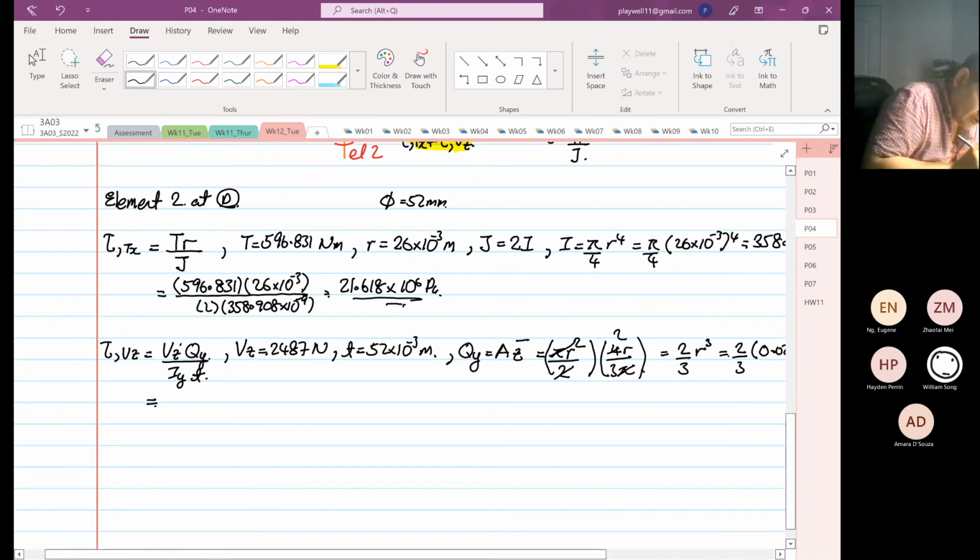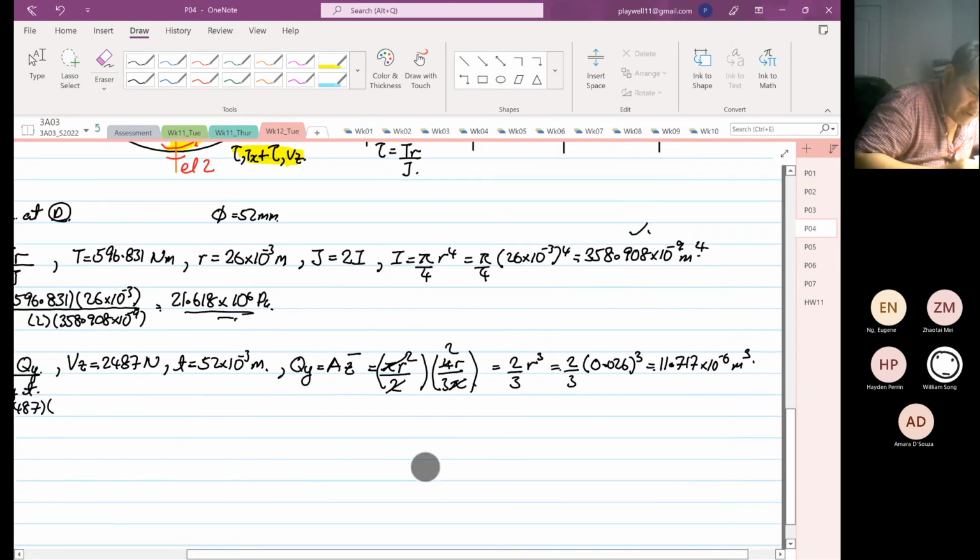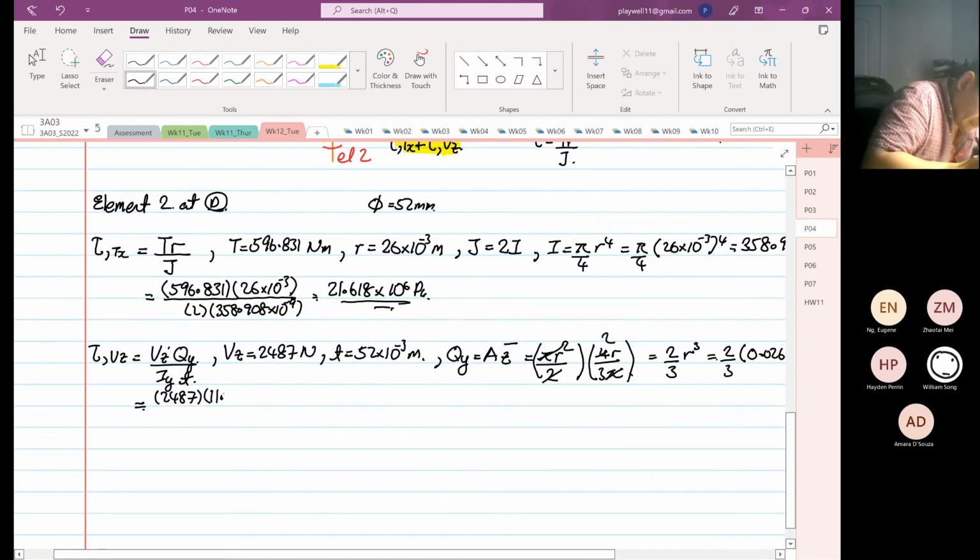So from here, we know that this is 2487 multiplied by 11.717. Iyy is 358.908 times 10 to the power minus 9.